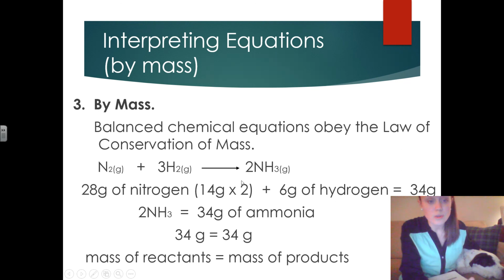When you go through and calculate all those molar masses and multiply by any of the coefficients that they may or may not have, what you'll find is that the mass of the reactants should always be equal to the mass of the products. That should be no surprise to any of you because that's the law of conservation of mass. That's why we balance chemical equations. Okay? This particular interpretation just shows you that.